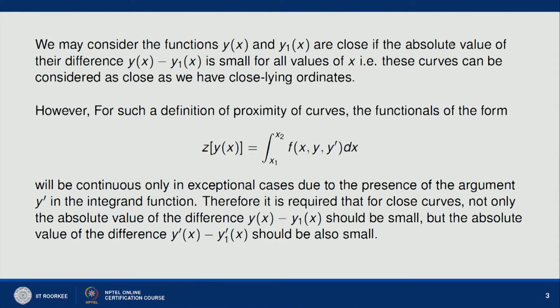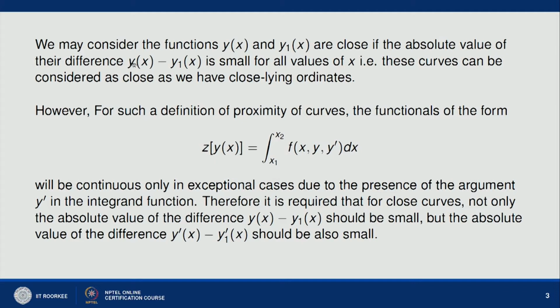Regarding closeness, we may consider the functions y(x) and y1(x) close if the absolute value of their difference is small. It means that the modulus of y(x) minus y1(x) is small for all values of x, and then we can say these two functions are close enough.